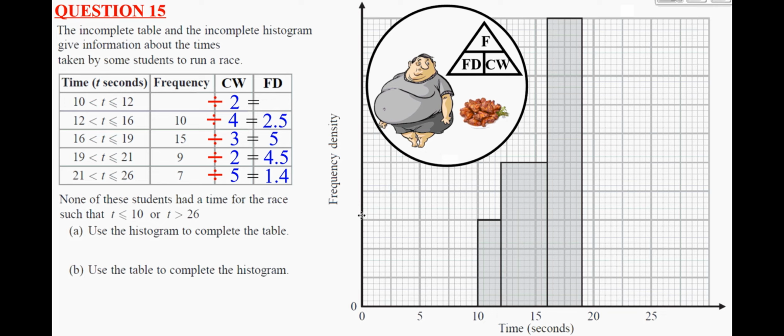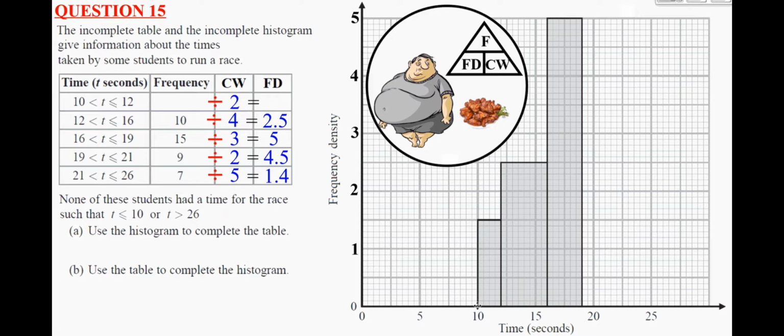0.5, 1, 1.5, 2, 2.5. So we can label our scale now for the frequency density. And the scale is like this: 2 big squares per unit of frequency density. Now we have worked out the scale on the y-axis, we can use that scale to work out the height of this first bar from 10 to 12.